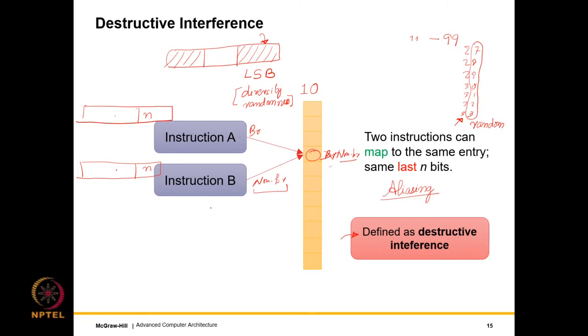Now let us come to two important properties of a program, spatial and temporal locality. Spatial locality is that if I have accessed one address, I will access some other address nearby very soon. And temporal locality is that I tend to access the same data or same instruction over and over again.